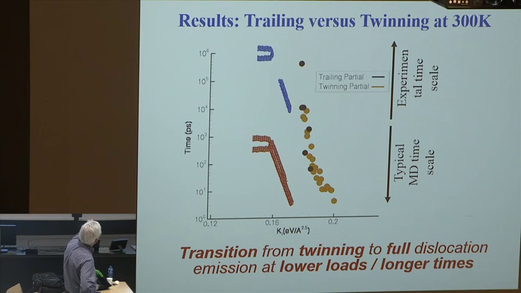They're done on 1 second loading times. And in our simulations, these are direct simulations. If you wait long enough, in this case only 100 picoseconds, but there's 2 data points here and 1 here. If you wait more than about 10 nanoseconds, the dislocations are trailing partial dislocations and you get this picture.